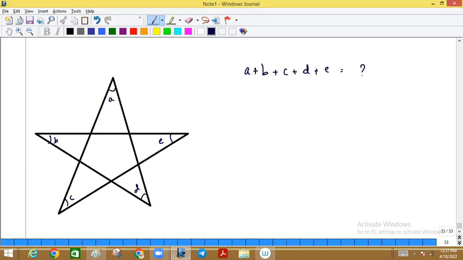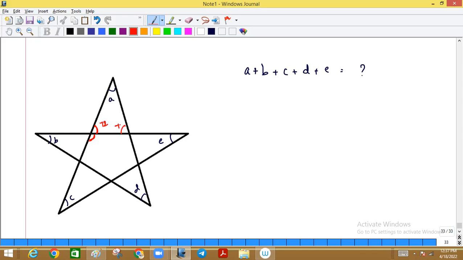Just a wild guess. Assume it is a regular one, okay. What is the internal angle for a regular pentagon? Okay, tell me what the outside one is. 360 by 5, yes or no? 360 by 5 is how much? 72.